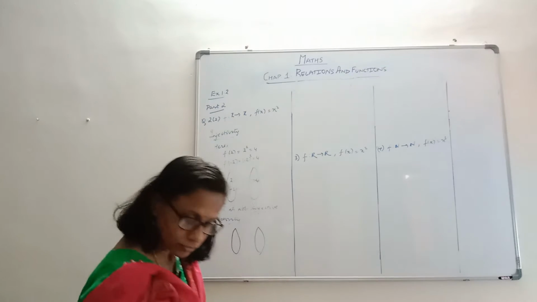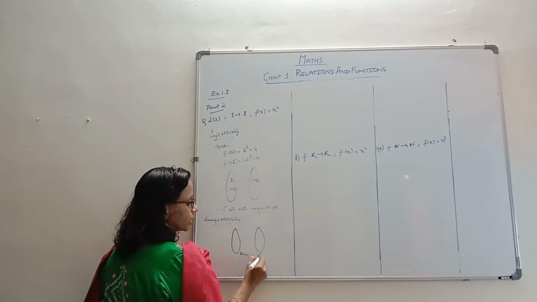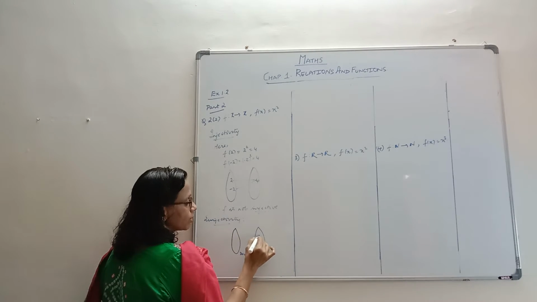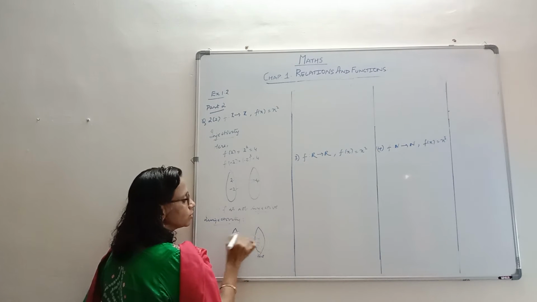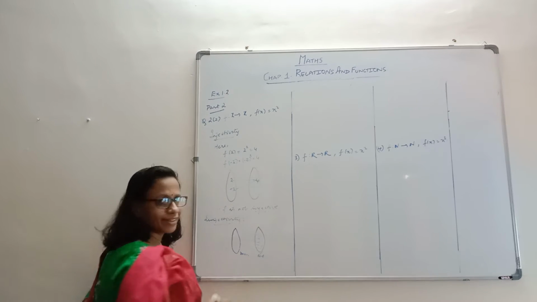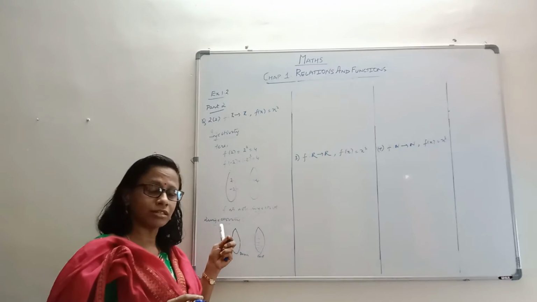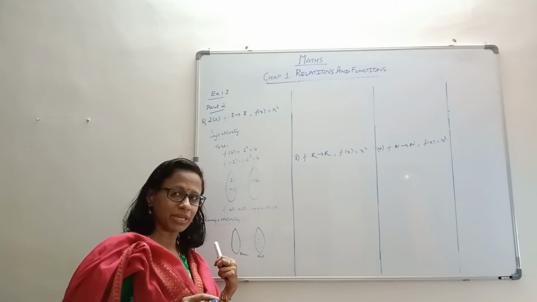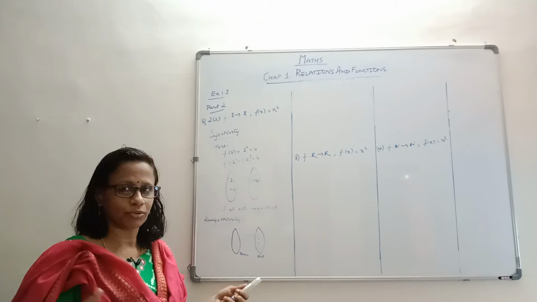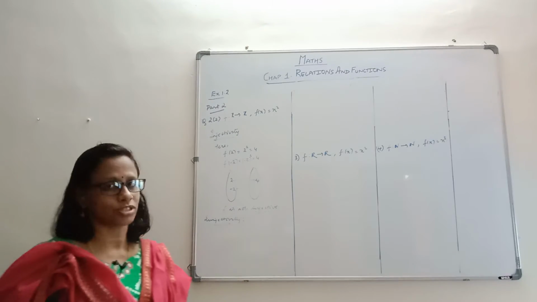This is the domain and this is the codomain. The meaning of surjectivity is that whatever element is there in the codomain should always have some pre-image. There should be no element left unrelated. Then it cannot be onto. So if we have to show that this function is not onto, we have to show some loose elements in the codomain which don't have a pre-image. We are going to find such loose elements which do not have a pre-image. Then it's not surjective.